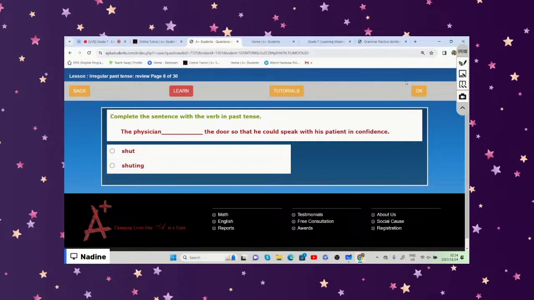So basically, the physician shut the door so that he could speak with his patients in confidence. I think shut is the same, because shutting does not sound right. Shut the door.